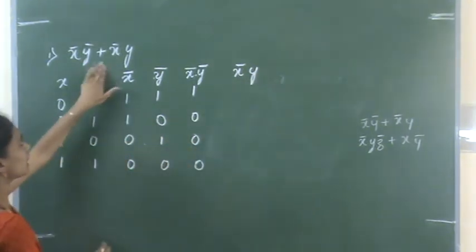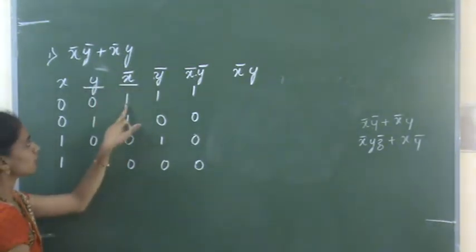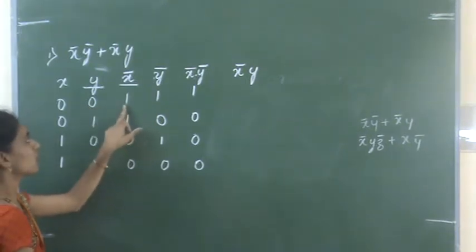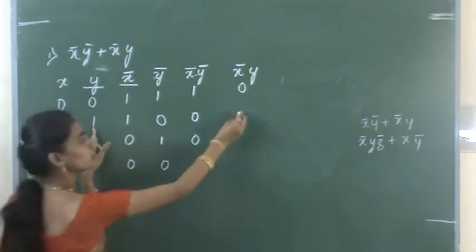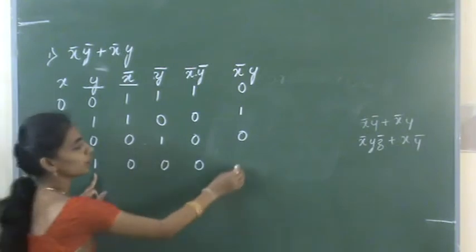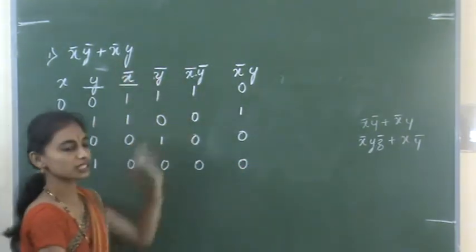Now we consider this x bar and the y variable and perform the AND operation for these two variables. 1 into 0 is 0, 1 into 1 is 1, 0 into 0 is 0, 0 into 1 is 0. So now the AND operation is completed.